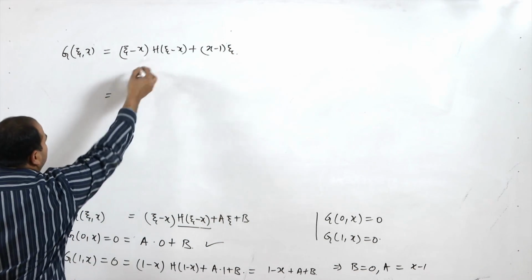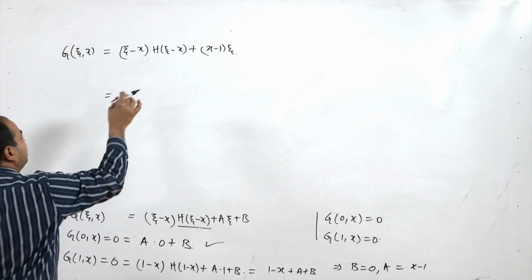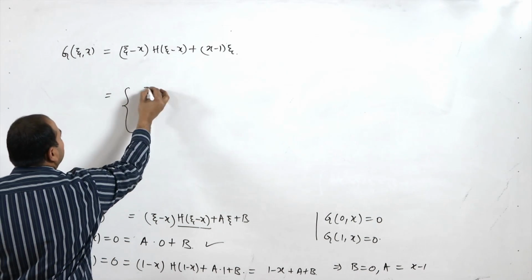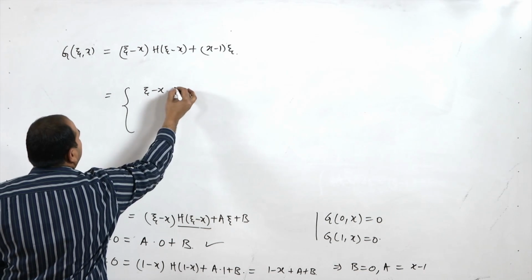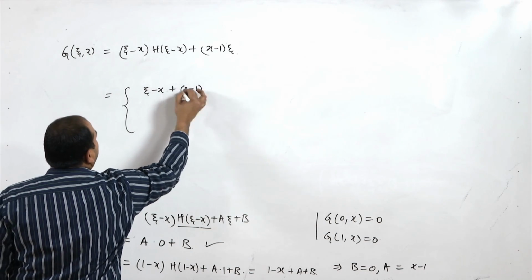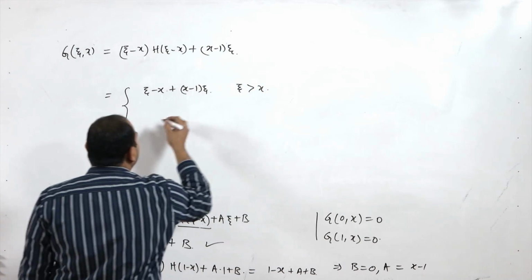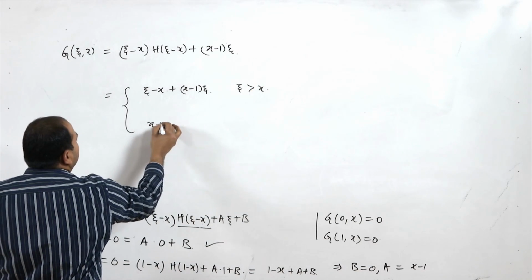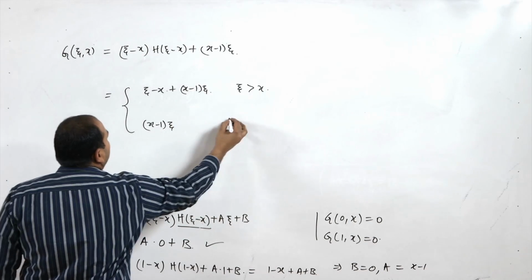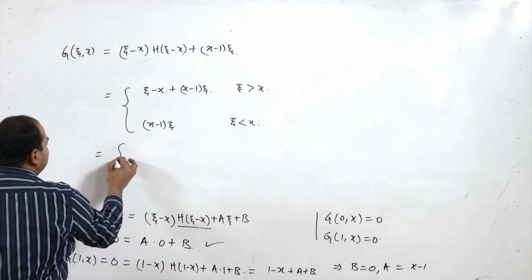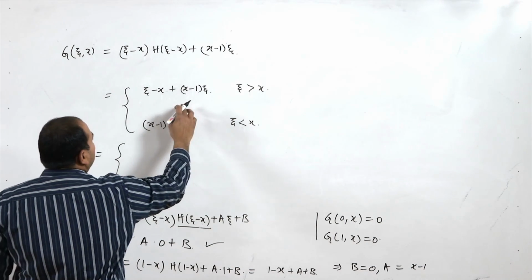Now again using the definition of xi minus x, I can write this as xi minus x plus x minus 1 xi when xi is greater than x, and x minus 1 xi when xi is less than x. Or you can simplify this further, and it is what?